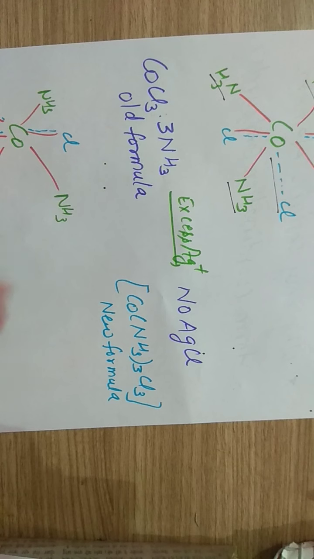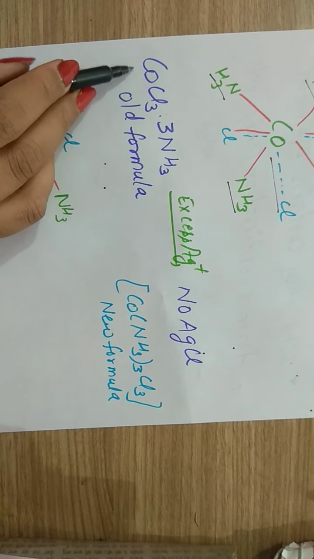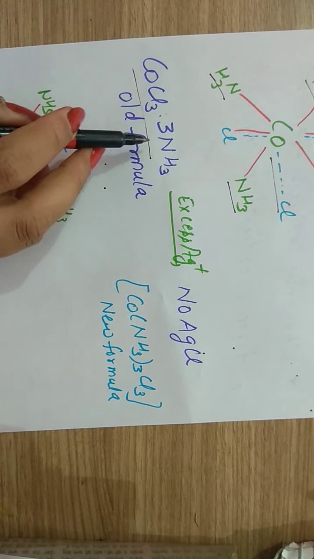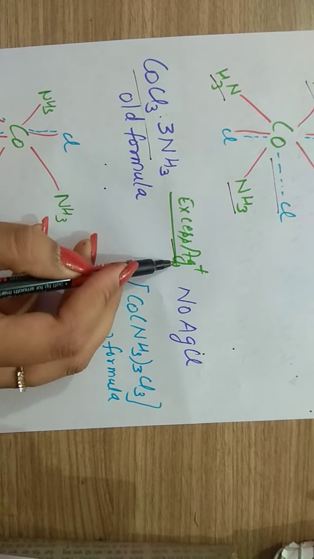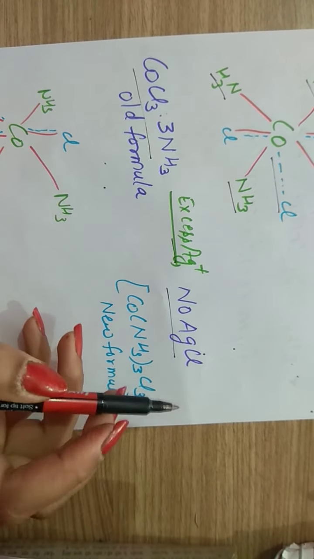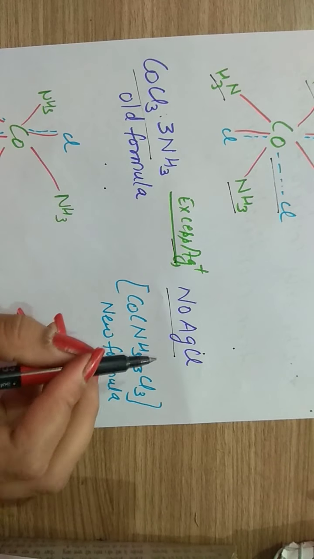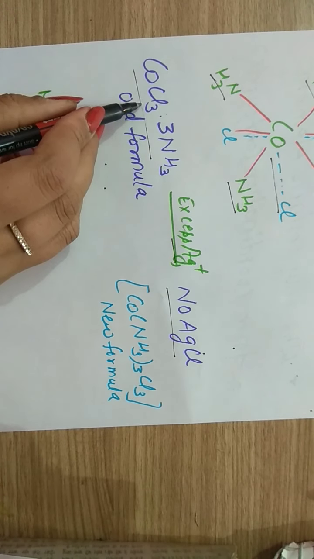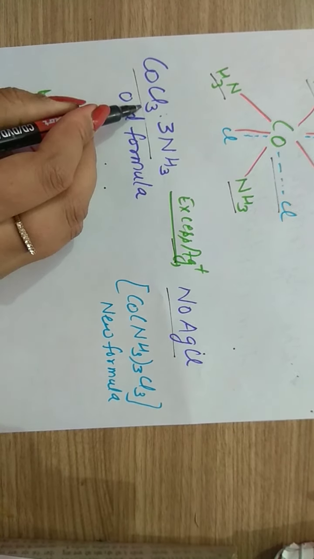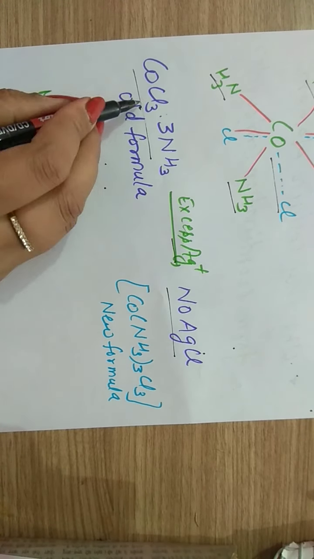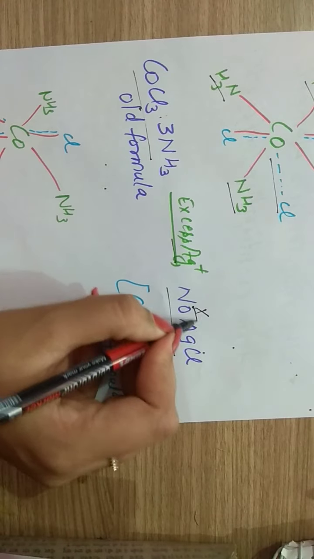Now, another example of this compound is this, in which there are three ammonia molecules, and when he treated this with excess of Ag+, he found that no AgCl is obtained. That means that all three chlorine atoms are satisfying both primary as well as secondary valency, as we get no AgCl.